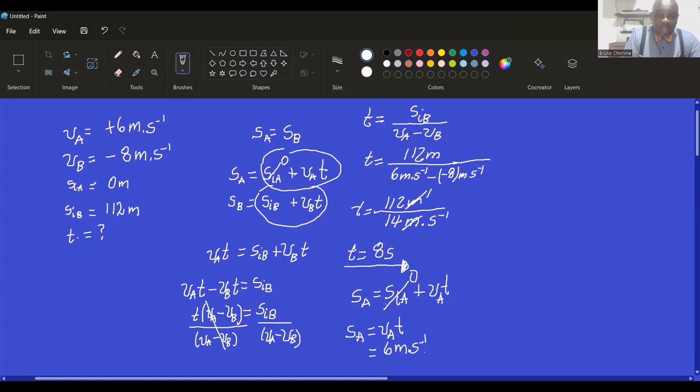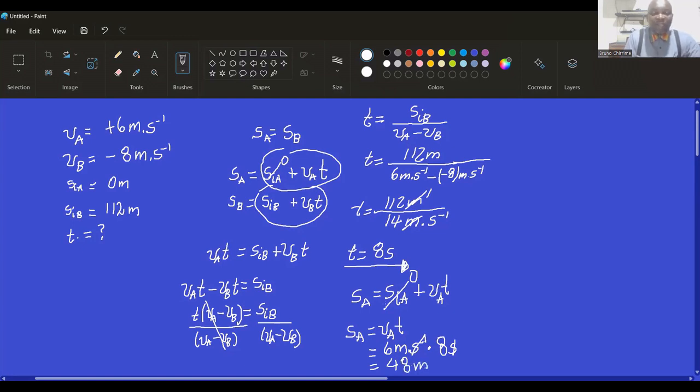So it's a matter of saying 6 times 8 will give us 48 meters. So we understand that these cyclists will meet or cross at the 48 meter mark. After 48 meters of traveling, cyclist A after 8 seconds will meet with cyclist B.